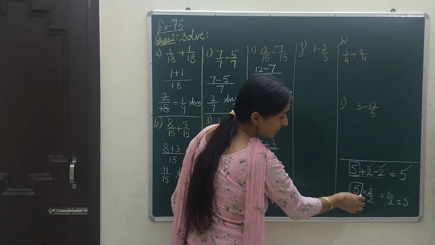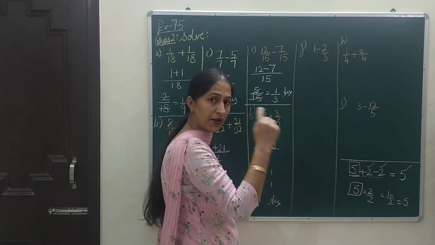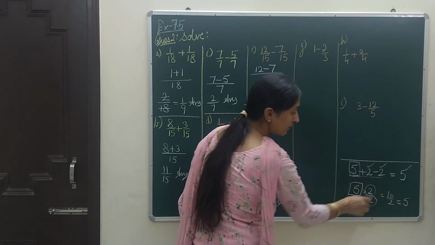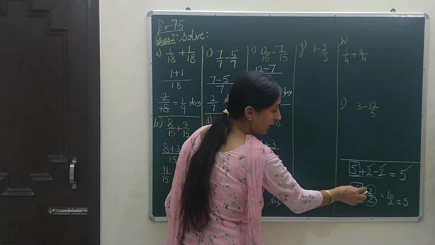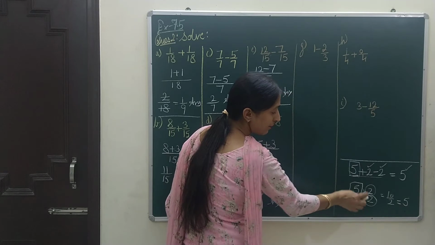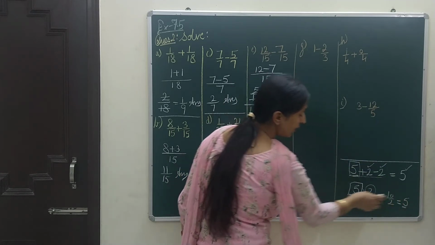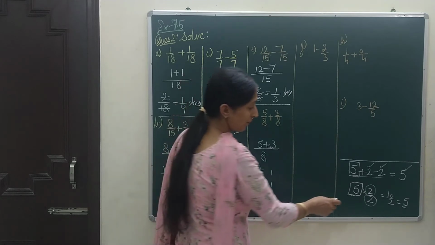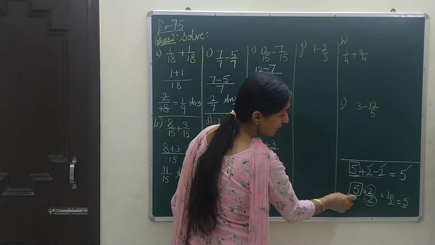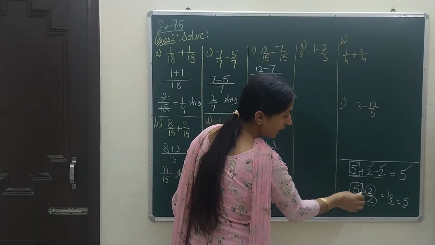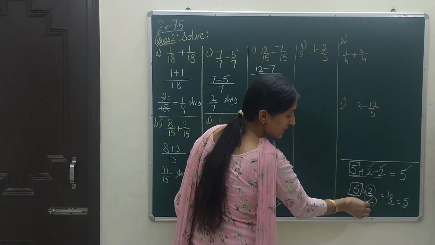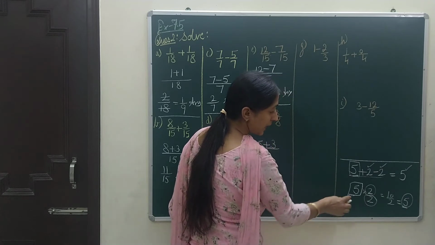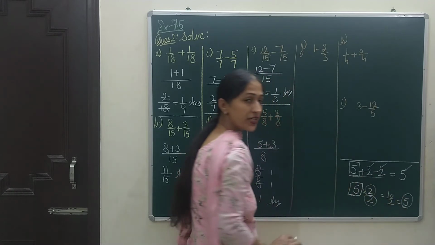And if you are multiplying with the same number and dividing with the same number, the answer you get will be the same number as it was in the original form. So what you have observed here is that if you multiply with the same number and divide by the same number, the resulting number will not change. That means the value of 5 will remain 5.